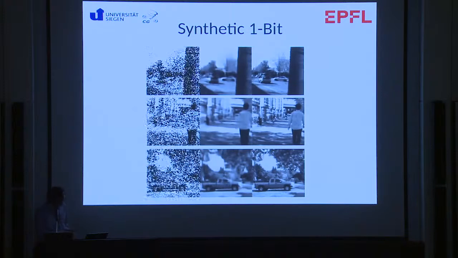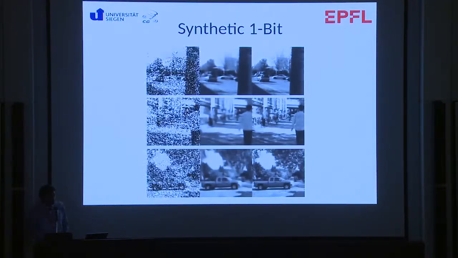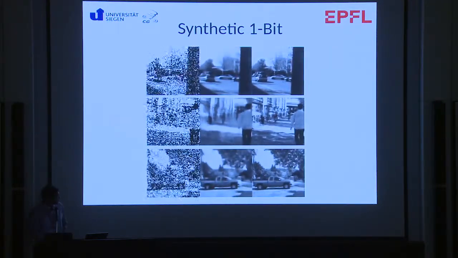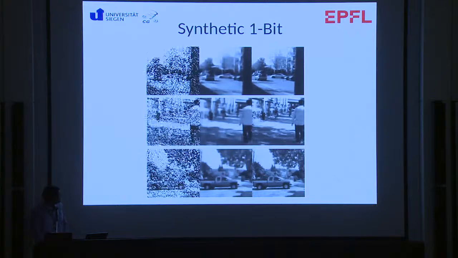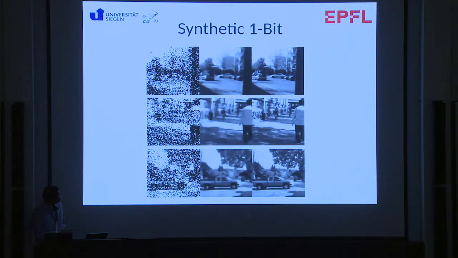And we come to the results. So these are some samples from the synthetic data set. If you look at the 1-bit observations, it's difficult to make out any structure. The second column shows our reconstruction, and the third column shows the ground truth.